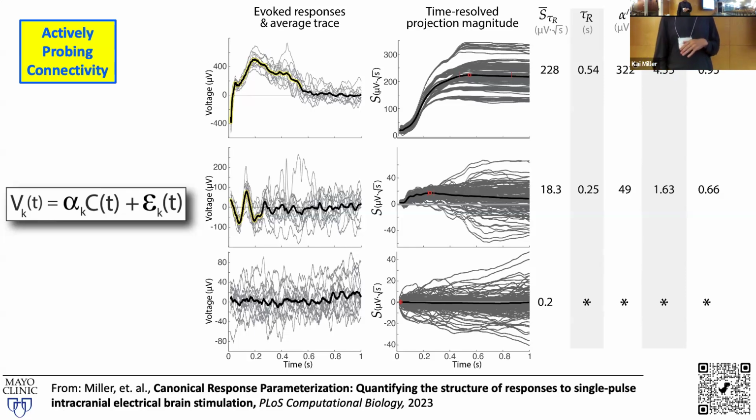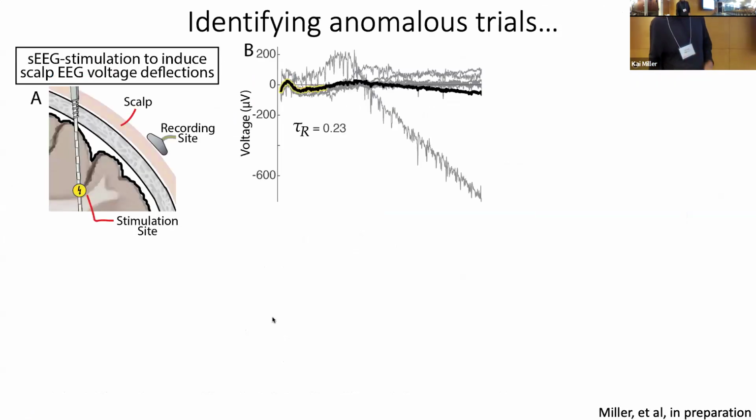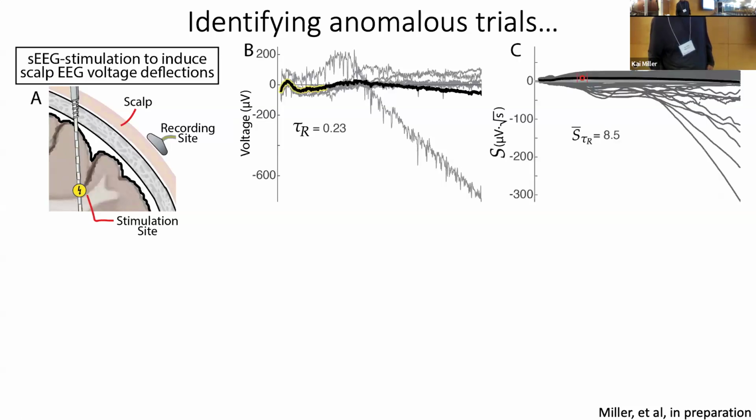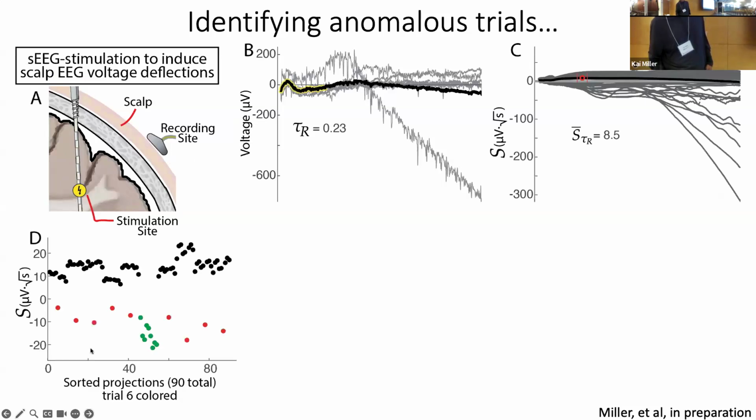Okay. We can automatically reject artifactual trials. So this is a case where, let's say I measured EEG and I stimulated down in the brain, and I get these sets of traces that you see in panel B there. But when I look at my projections, all of the projections that involved this anomalous trial are shown.